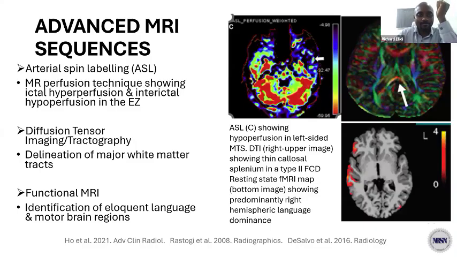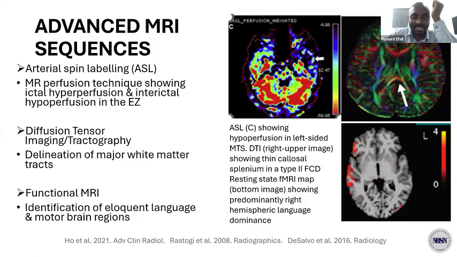What are the roles of advanced modalities in the workup of epileptogenic lesion, focal epilepsy? Now, one of the advanced imaging modalities we use is the advanced MRI sequences, such as arterial spin labeling MRI, which is a form of perfusion MRI.